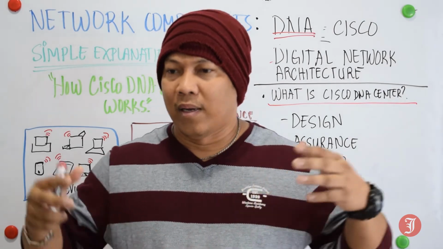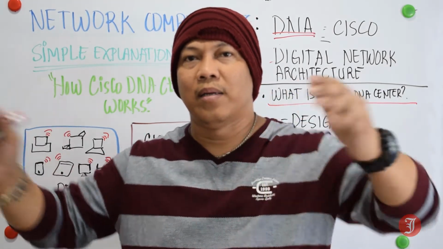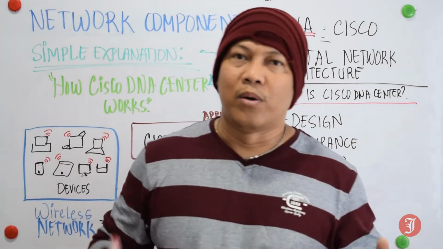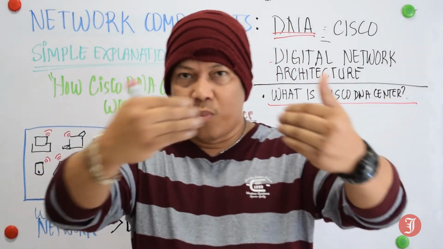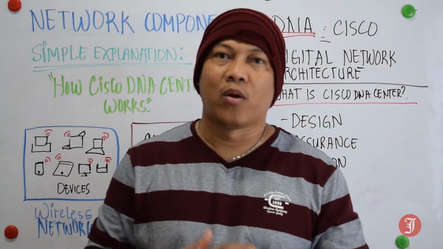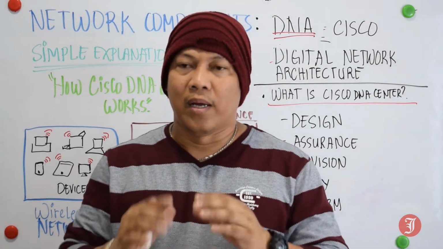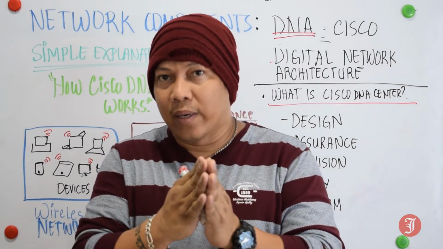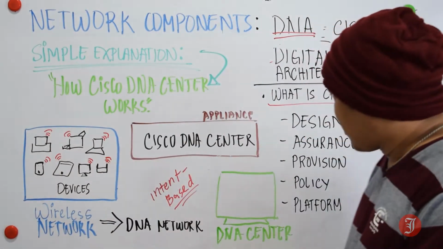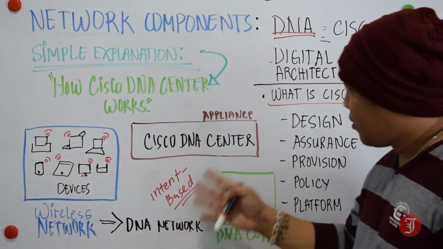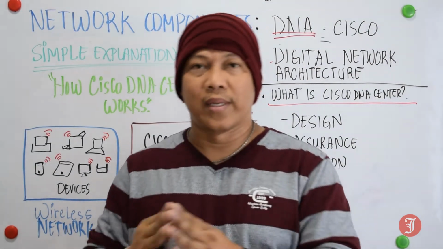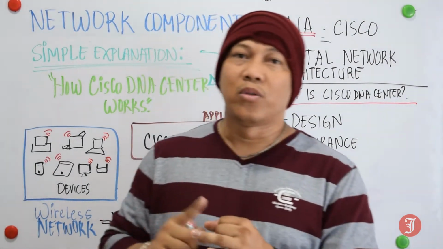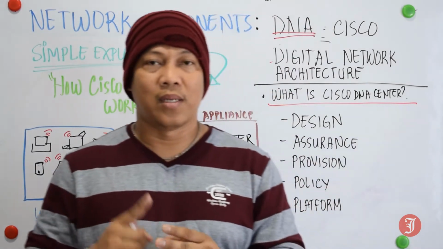Lahat ng mga network mo dyan, wireless man, or switching, routing, doon pupunta sa particular na device na yon. At doon, meron siyang tinatawag na dashboard. Mamaya I will bring this up to you. At imo-monitor niya yan doon sa kanyang dashboard, yung tinatawag nating management, automation, and assurance, and etc.